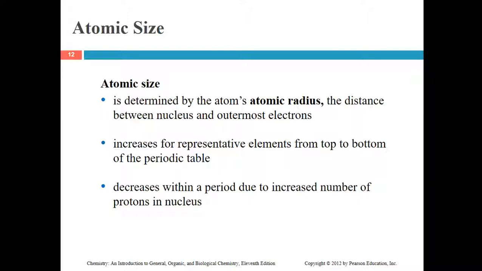Chlorine is going to be much smaller than sodium, but a little bit bigger than argon, etc. And again, this really did surprise scientists. So if it surprises you, then you're just like the scientists.